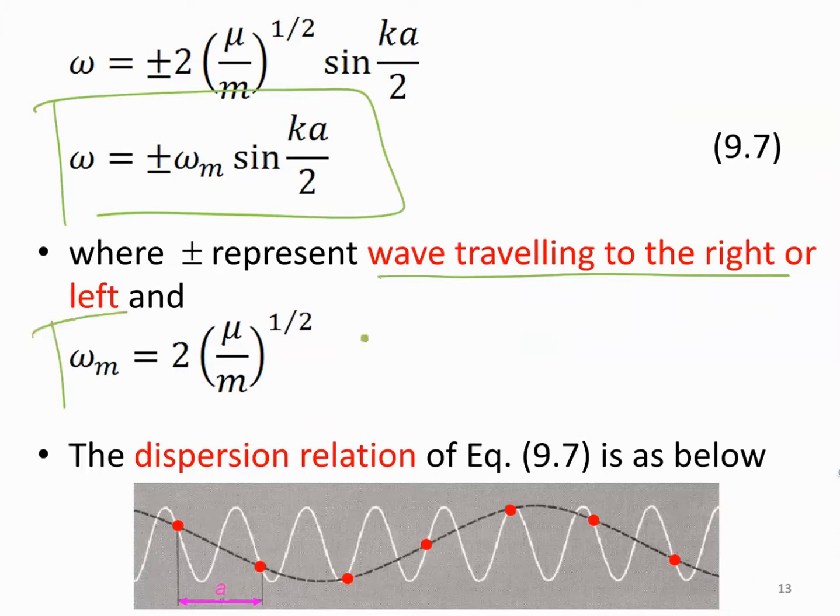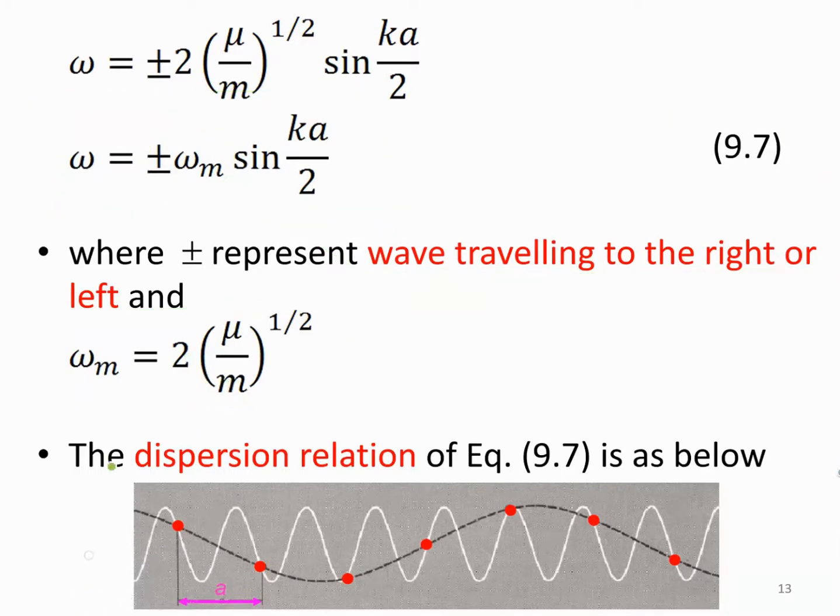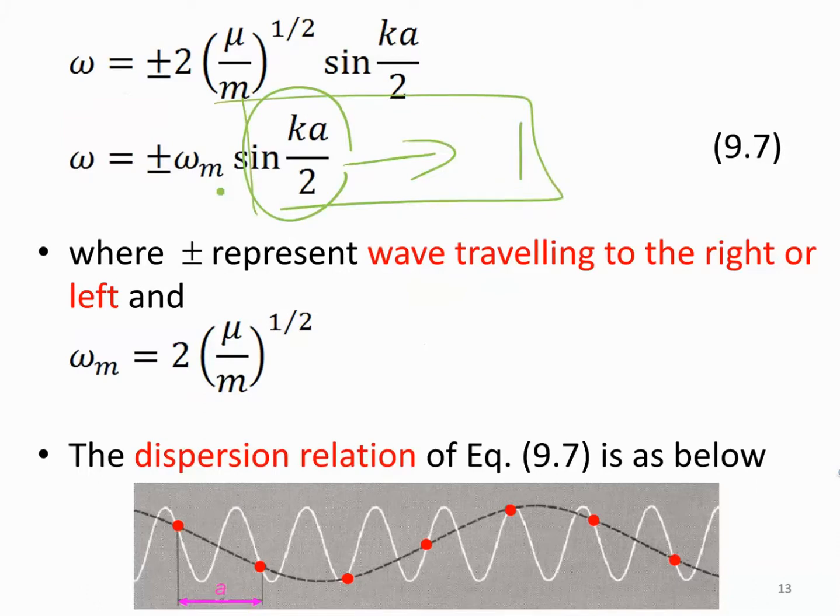So this is the omega max, the amplitude. Omega maximum is the maximum of the omega that you can reach. In other words, you can also see here, this sine something, the maximum is 1. So that's why omega equal to omega max when this is maximum.